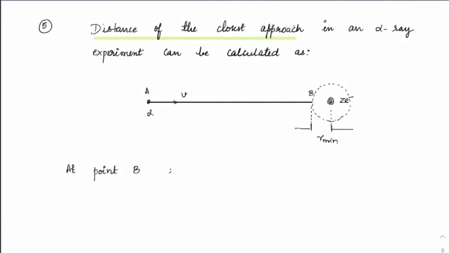Suppose you have an alpha particle which is moving head on, and it started with a speed of v. So it has some kinetic energy, and as it reaches the point B, the kinetic energy has become 0. Why has it become 0? Because of the repulsion it is experiencing from the nucleus.